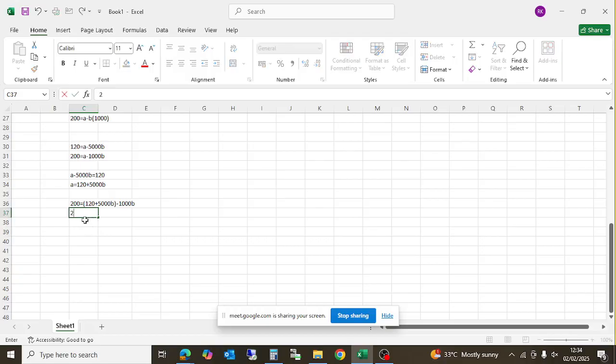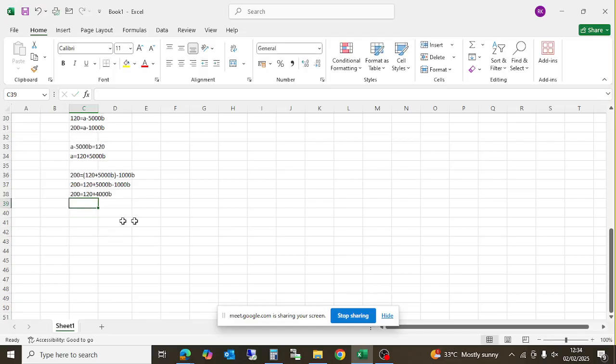These are like terms, so it will be 200 is equal to 120 plus 4000B.